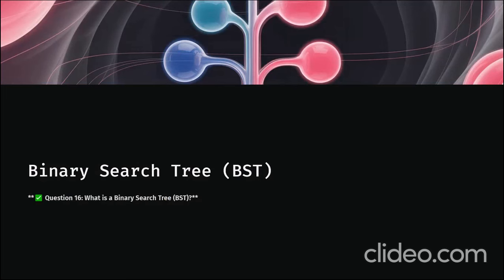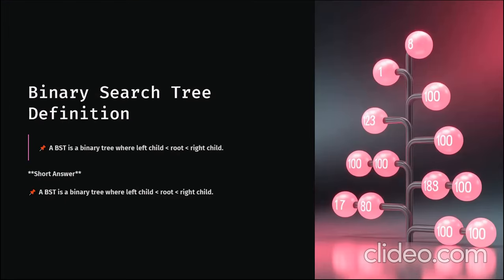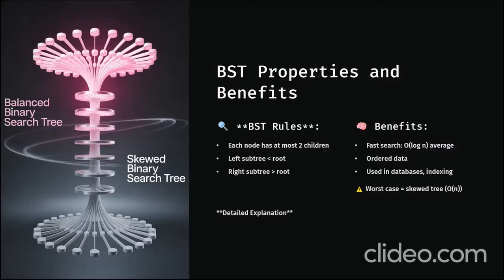And the next question is binary search tree. A BST is a binary tree where left child, root, then right child. So this is the traversal method of BST. Okay. Now BST properties and benefits. Main rule is what?